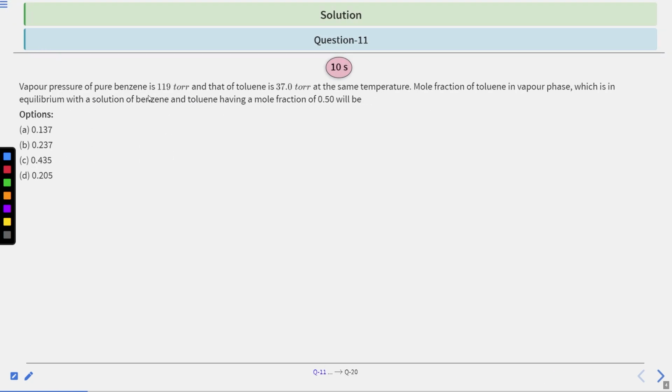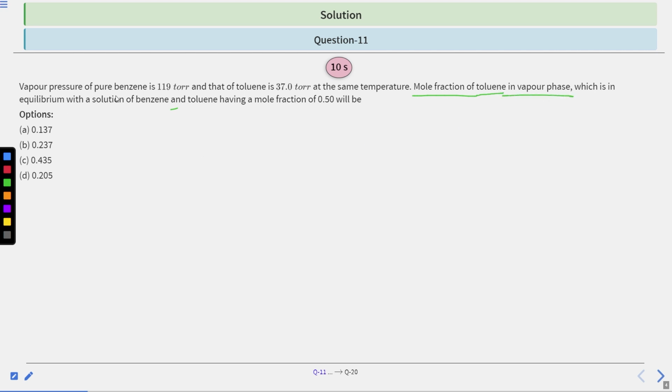Vapour pressure of pure benzene is 119 torr and that of toluene is 37 torr at the same temperature. The mole fraction of toluene in the vapor phase, which is in equilibrium with the solution of benzene and toluene having a mole fraction of 0.50, will be? So we have to find the mole fraction of toluene in the vapor phase.